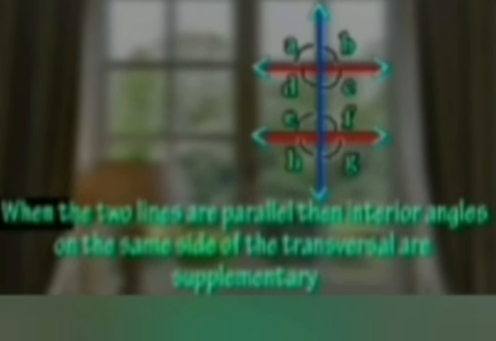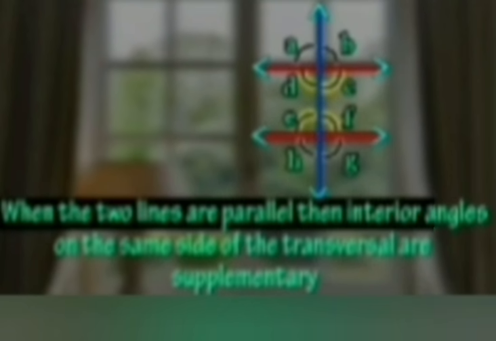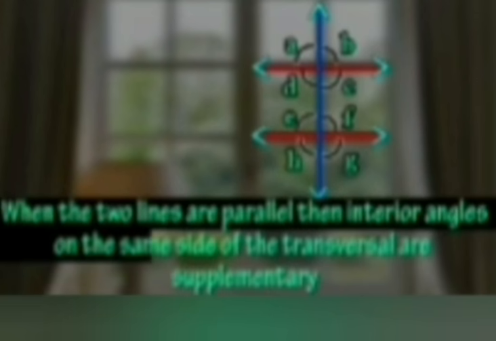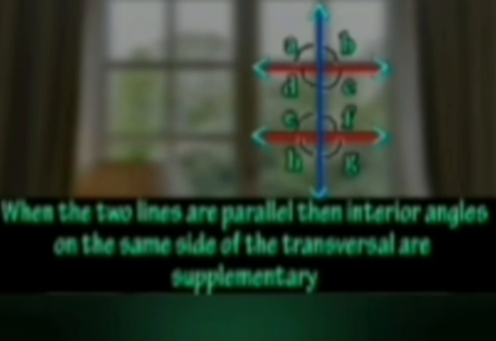Their sum is 180 degrees. They are called supplementary angles. And also a linear pair, their sum is also 180 degrees. So in the first three cases, corresponding, alternate and vertically opposite angles are equal to each other, and for co-interior angles and linear pair, the sum is 180 degrees.